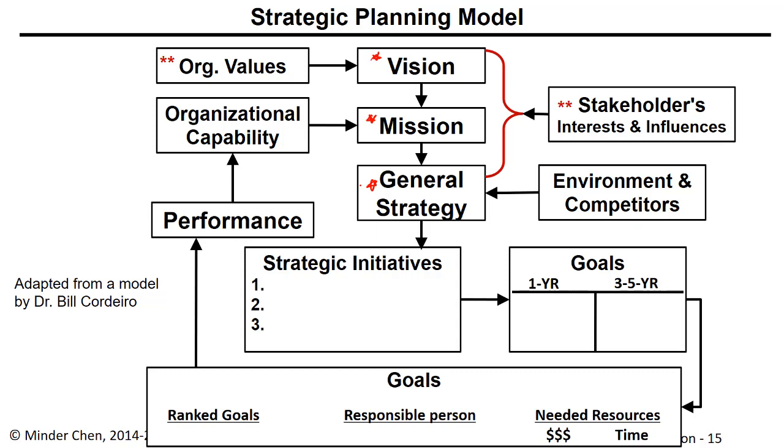In order to implement your strategy, you will come up with strategic initiatives and set goals to measure whether you're successful in implementing those initiatives. Performance, the actual measurements, is measured against the goals defined here.